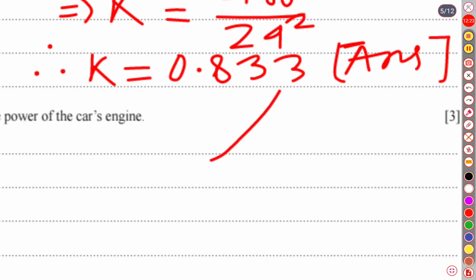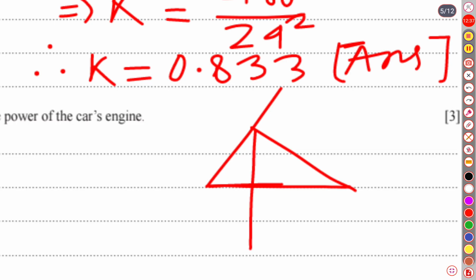Yes, this is the inclined plane, this is the normal reaction, and this is the weight causing it to move downward, that means causing resistance. So this is our triangle, and here the angle of elevation is alpha.